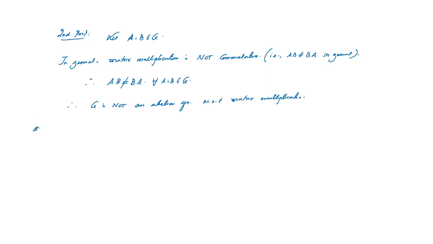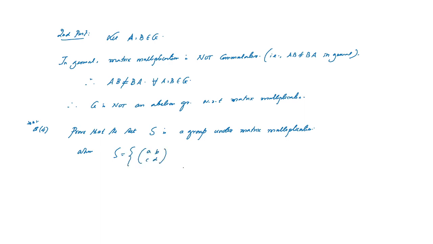Now we come to the next question, question number 4. Prove that the set S is a group under matrix multiplication, where S is the set of all 2 by 2 matrices [A, B; 0, C] such that A, B, C are real numbers and A, C are non-zero.